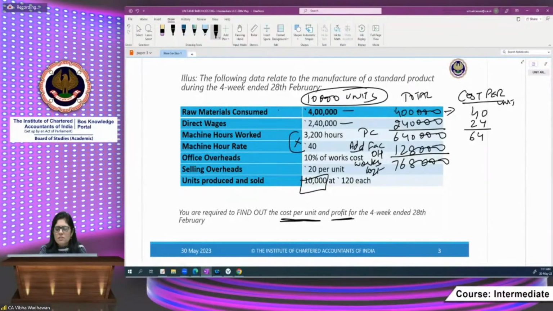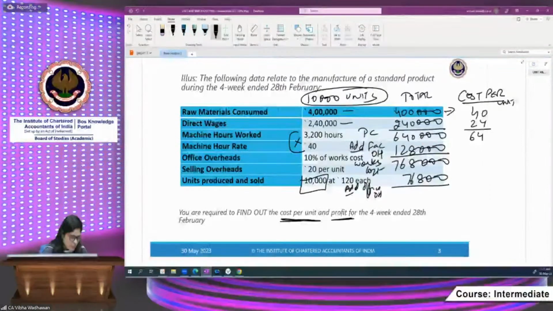After works cost, what do we add? After works cost, we will add office overheads. 10% of works cost is office overhead. Keep on calculating cost per unit also. Works cost is 7,68,000, so 76,800 is your office overheads. 7,68,000 plus 76,800 is 8,44,800.